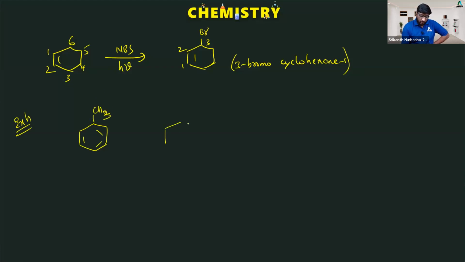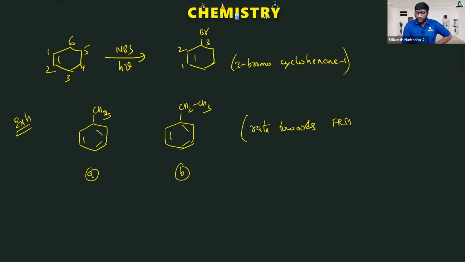Compare the rate of A and B towards free radical substitution reaction. It is the simplest question you can think of. Methyl benzene and ethyl benzene, which will have the greater rate towards free radical substitution reactions?